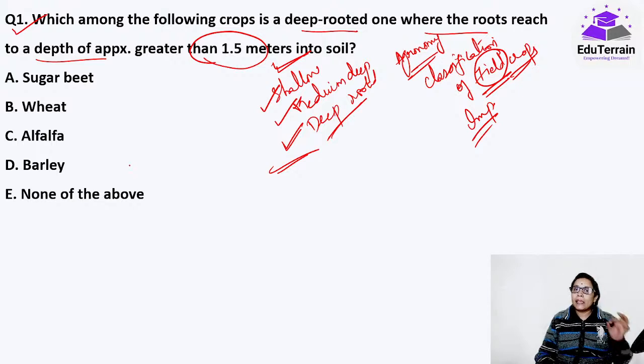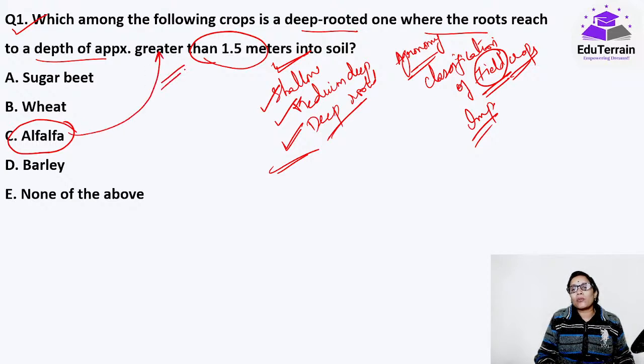Here in this case, alfalfa is the best example of a deep rooted crop, and it is generally incorporated in crop rotations, which helps a lot in improving the condition of the soil so that it can support the next crop much better than in the absence of such crops.